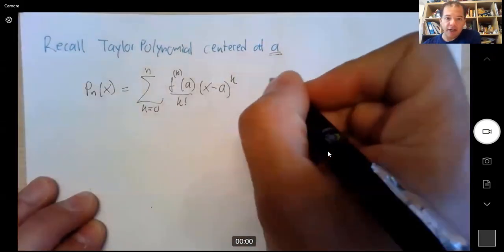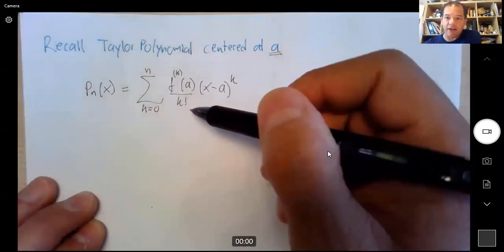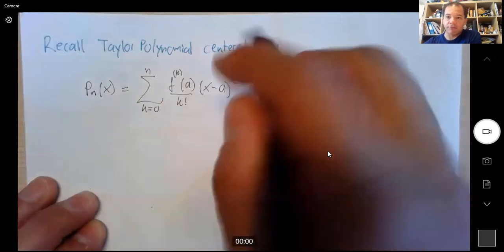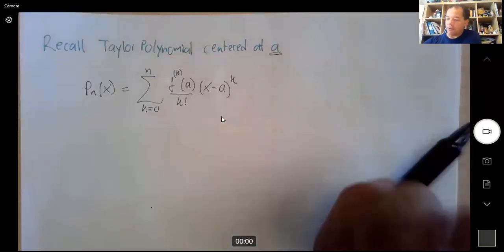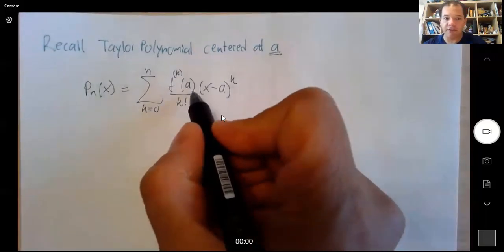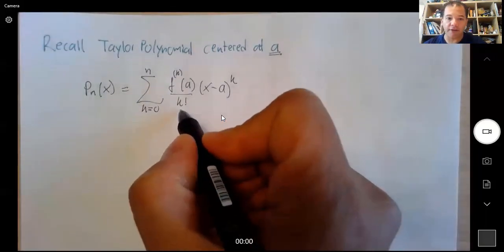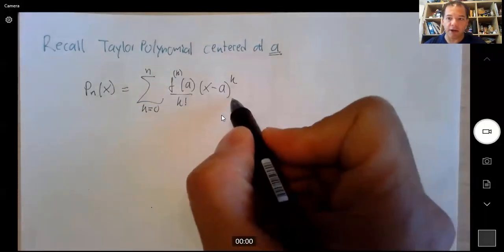We pick a center a, and then this was our generalization of the tangent line. All right, and this was the expression that we had for it. So we have the k-th derivative evaluated at the center divided by k factorial, that was the coefficient, and then times x minus a to the power k.